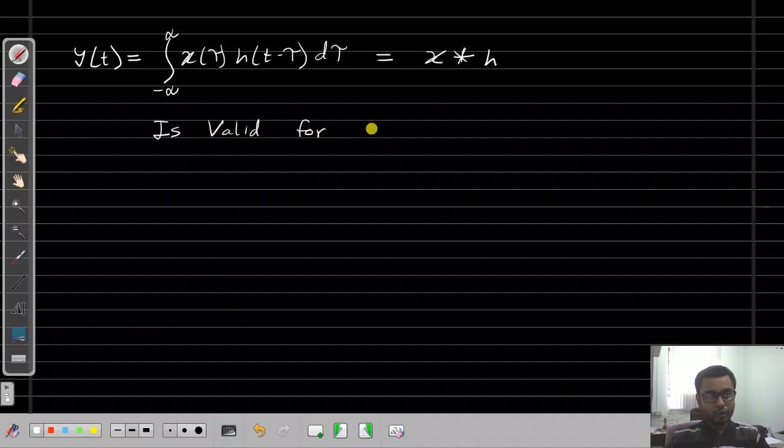for only LTI systems. If the system is not LTI, then impulse response is not useful, because you cannot write output in this way.